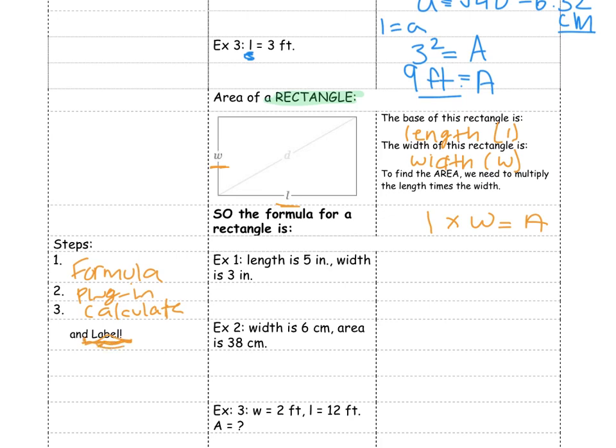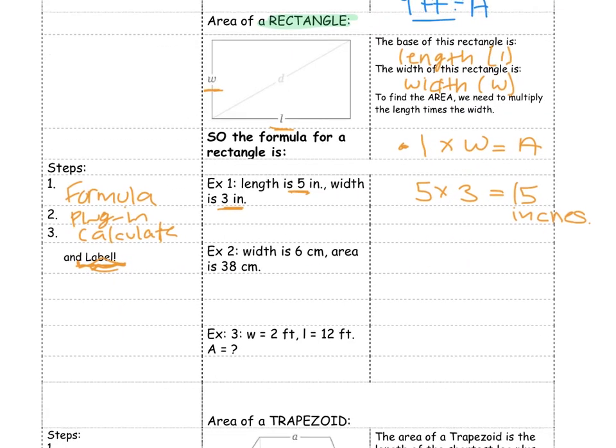So for the first example, the length is 5 inches and the width is 3 inches. So again, we're saying our formula is this. So I'm gonna plug in what I know. So we said the length is 5 and the width is 3. Now we can calculate. 5 times 3 is 15. 15 inches.